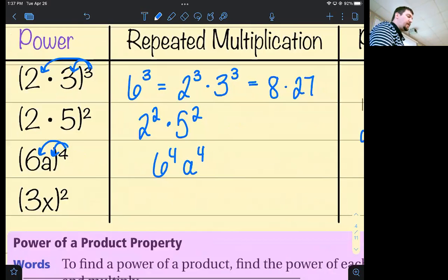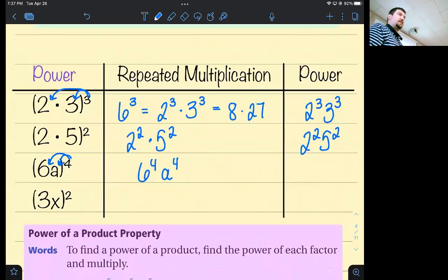Now they're probably going to want you to simplify 6 to the 4th. What is 6 to the 4th? You'll need your calculator for this, unless you know 36 times 36. I mean, you could think of it as 6 squared times 6 squared. That's 6 to the 4th, but that doesn't really help me because I don't know my 36 is that high.